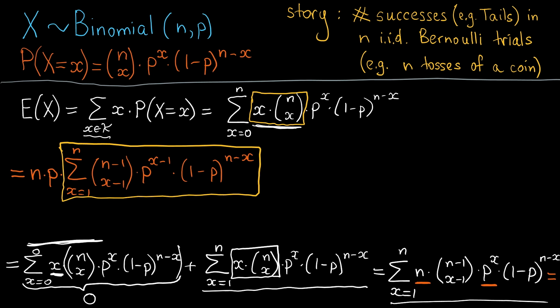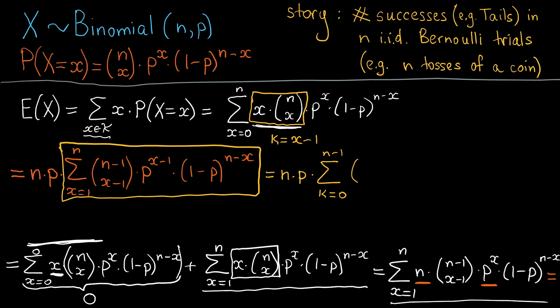Okay, so let's introduce a variable k, another index variable, which will take on values x minus 1. So when x is 1, k will be 0. Okay, so then what is it that we have here? n times p times the sum, as k goes from, when x is 1, k is 0, and when x is n, k is n minus 1.